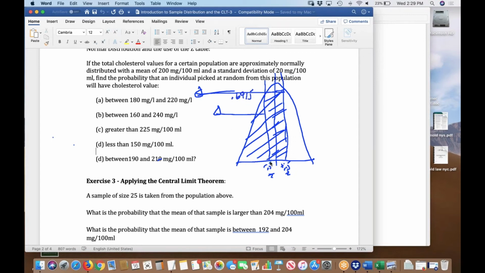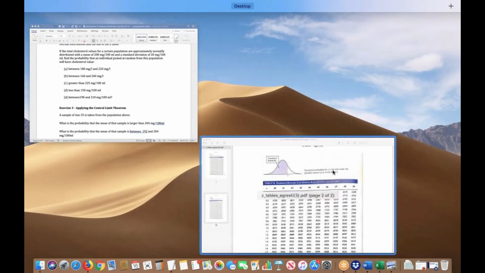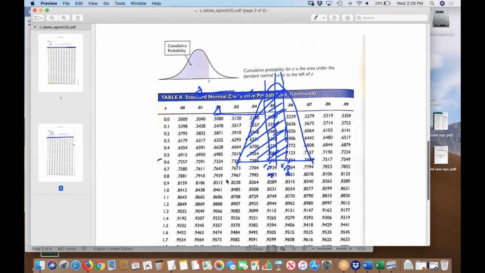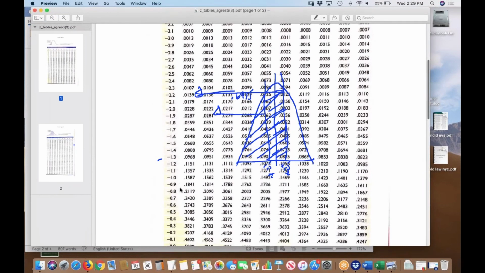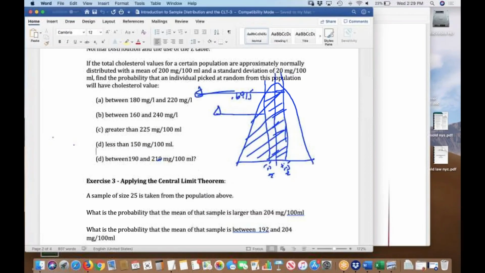And the area for a negative z-score, negative 0.5, is going to be 0.3085.